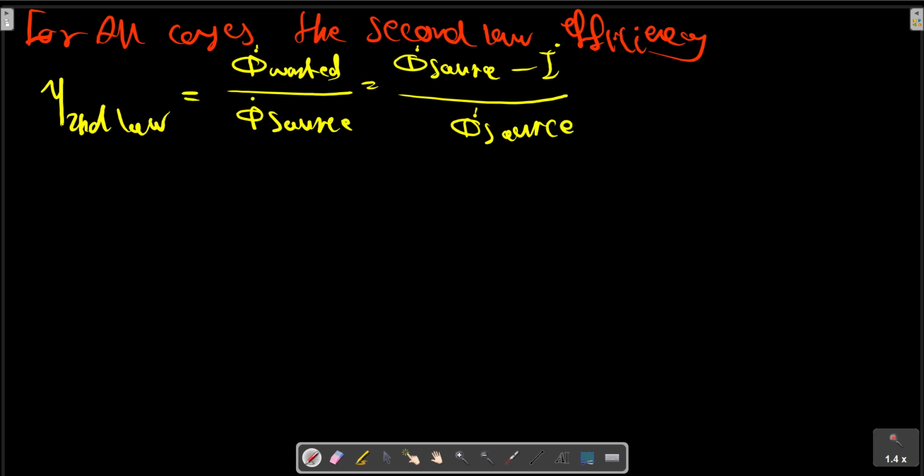For all cases, it depends on the type of the irreversibility and availability in the system. And the wanted quantity is expressed as availability, whether it is actually a work term or a heat transfer. We can verify that it covers the turbine equation, pump, compressor, and heat exchanger efficiency also. The next section is the exergy balance equation in the next video part.